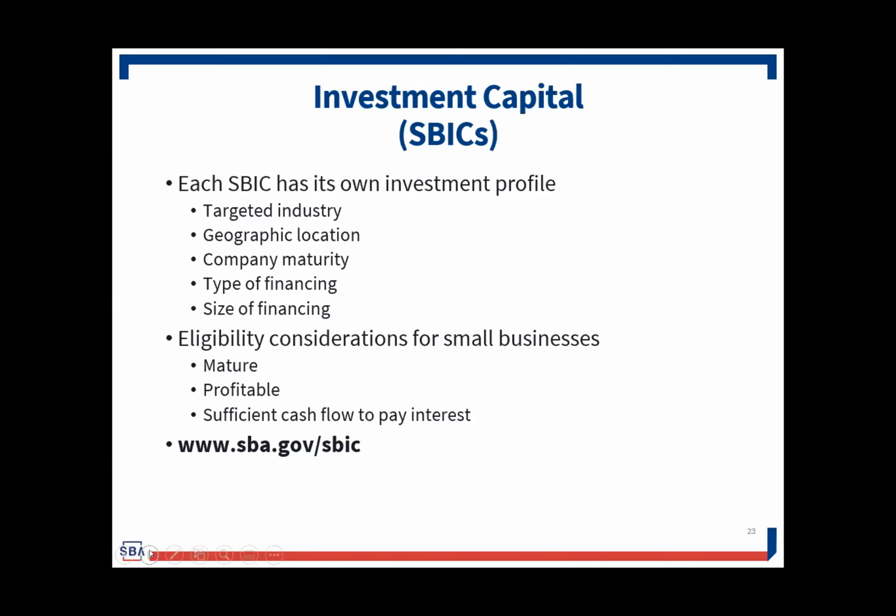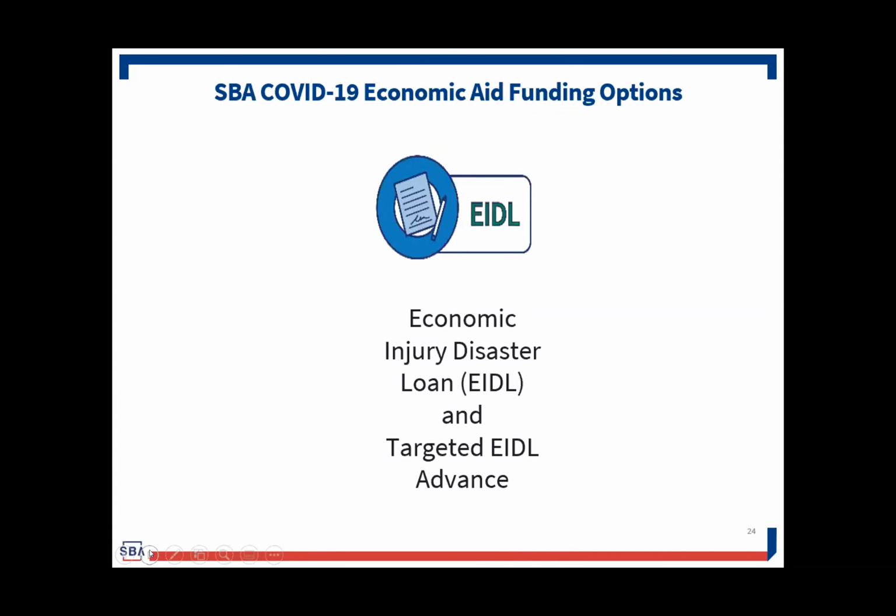Some other considerations the SBICs will consider is the maturity of the business, whether or not the business has been profitable, and that you have sufficient cash flow to pay interest on the loan.